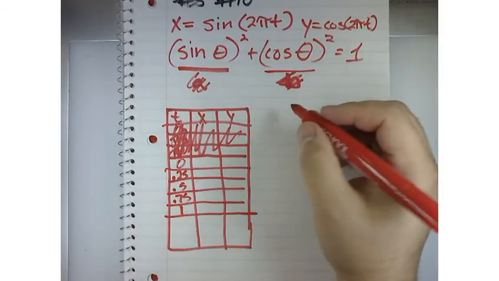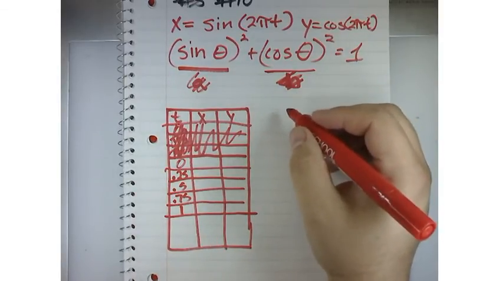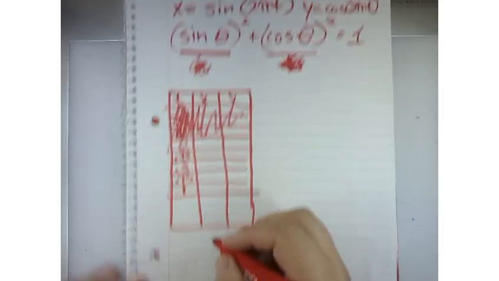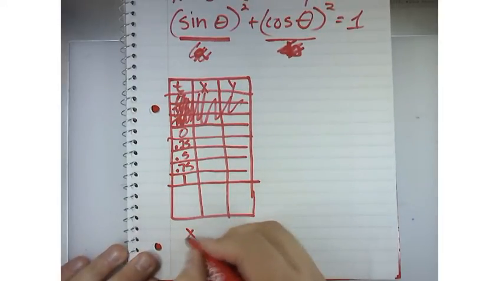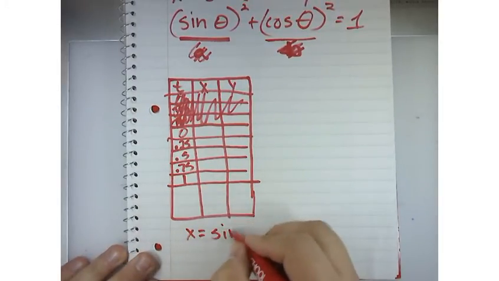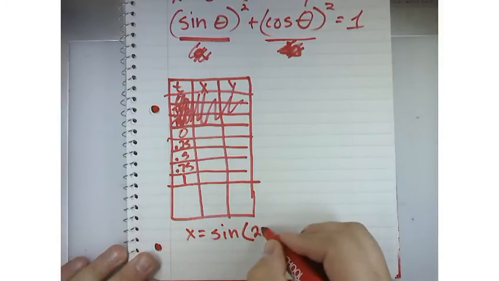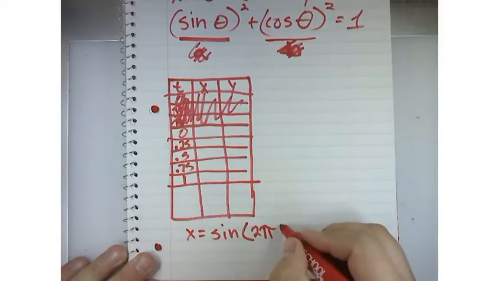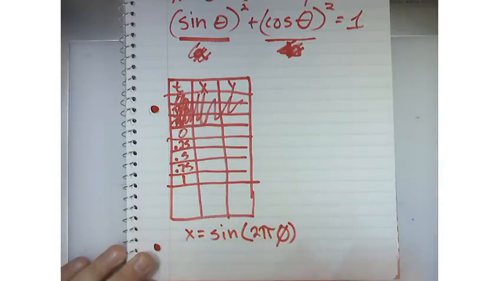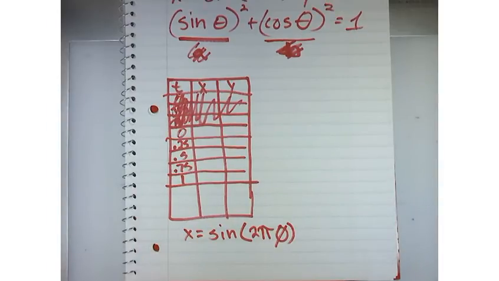And so what we need to do before we could graph this is I need to plug in x equals sine of 2 pi times 0. Well, 0 times 2 pi is 0.